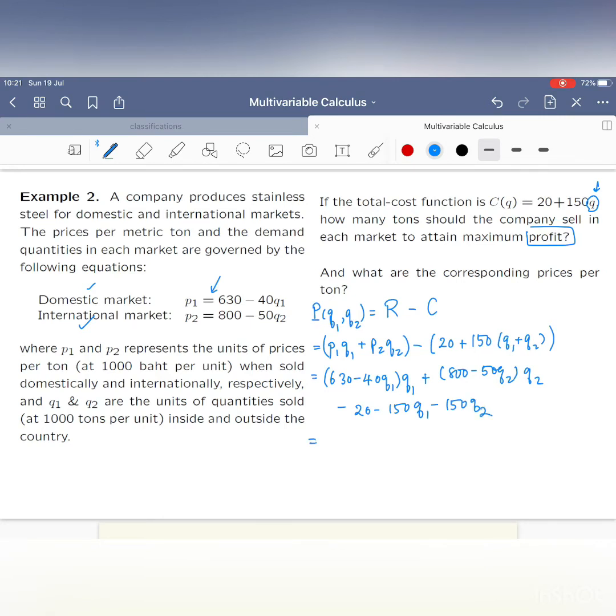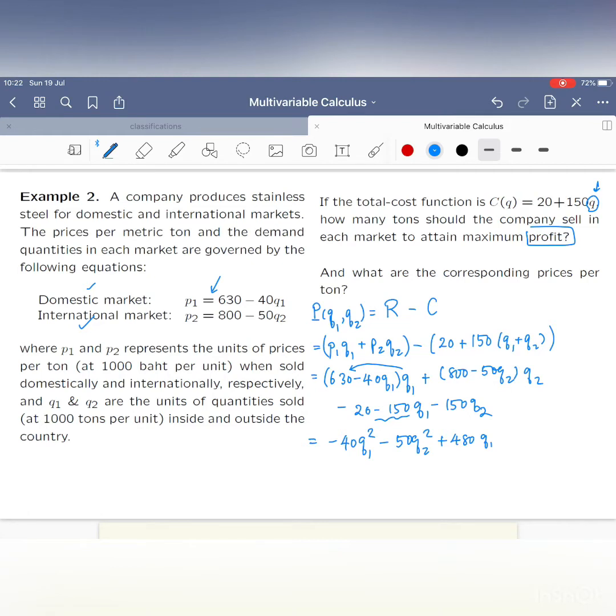So you can calculate it further by having negative 40 Q1 squared, negative 50 Q2 squared, and then of course 630 Q1 and subtract 150 Q1, so you have 530 and then another 20, so you have 480 Q1.